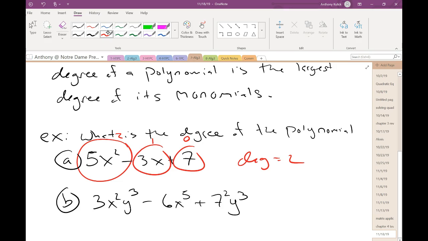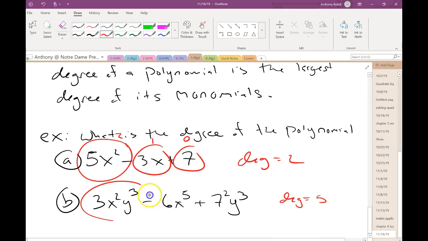What's the degree here? No, not 13. It's 5. So this one has degree 5, this one has degree 5, this one has degree 3.